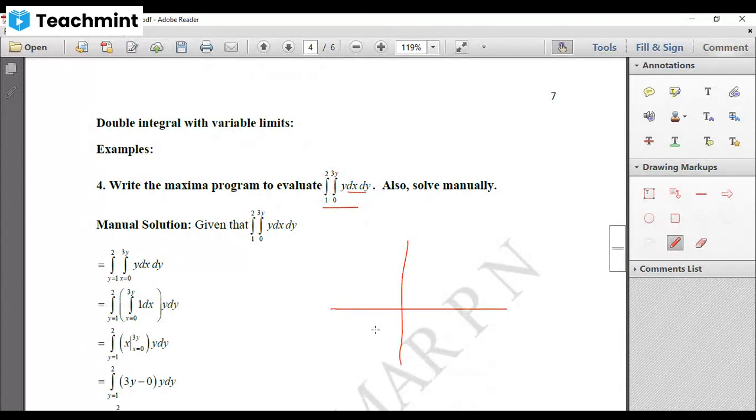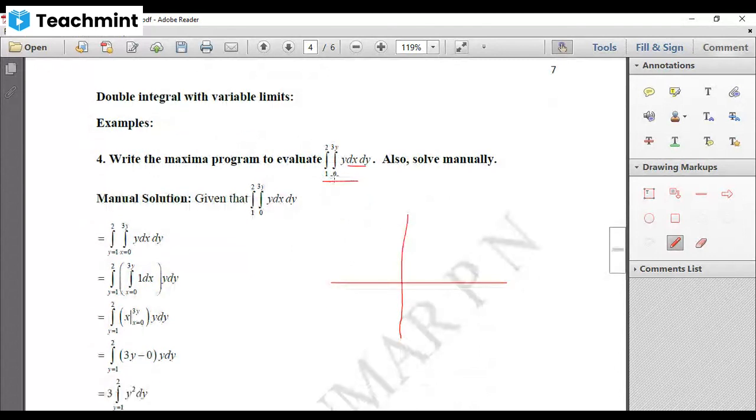Let us see the picture. So let us draw line. So here x is 0. x is 0 means y axis, right? And x equal to 3y. So let us draw that picture. When y is 0, x is 0, this point. When y is 1, x is 3, this point. When y is 2, x is 6, somewhere here.